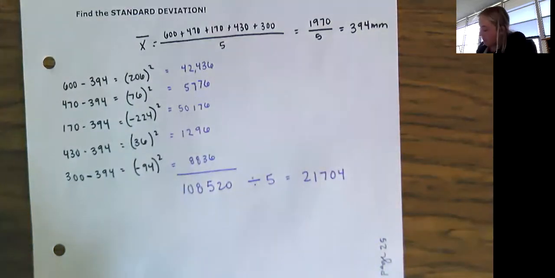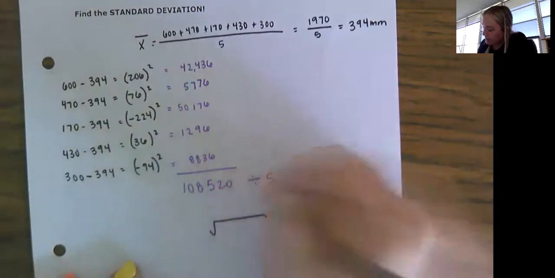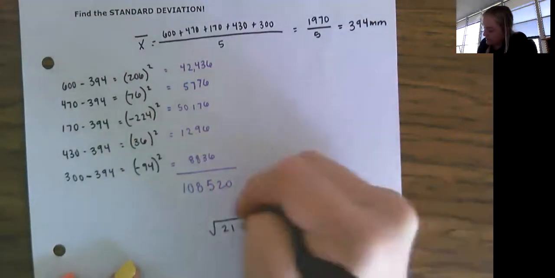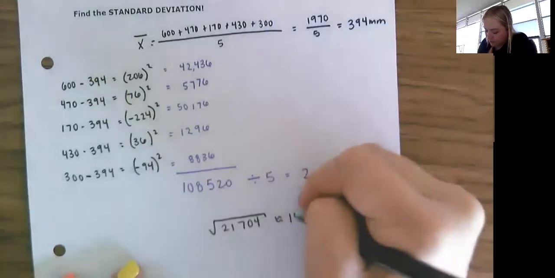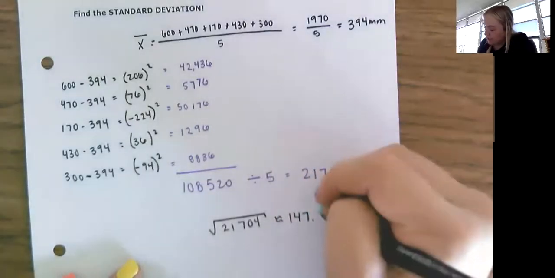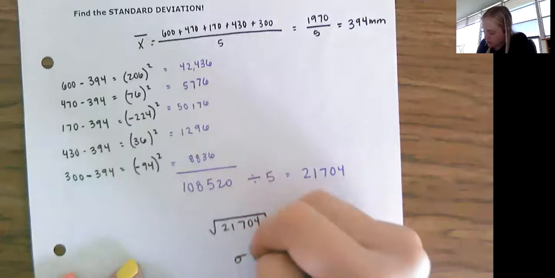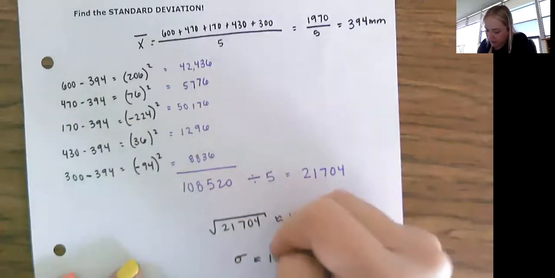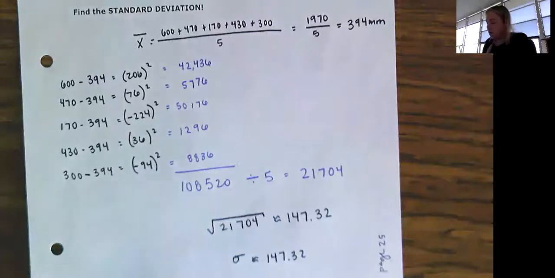My last step is to take the square root of that. The square root of 21,704 is approximately 147, and then I'm going to round to the nearest hundredth, and I get 147.32. So my sigma, standard deviation, is approximately 147.32.